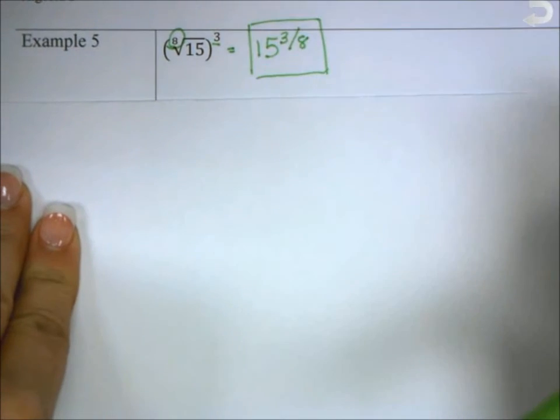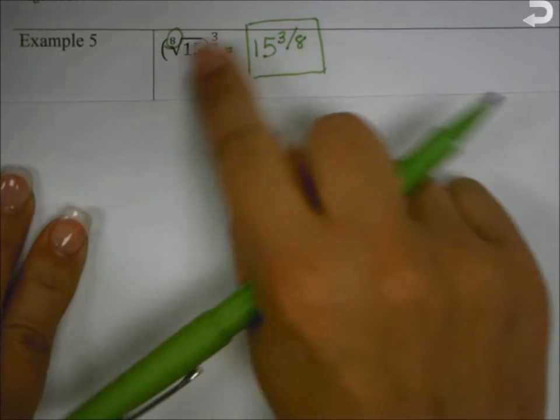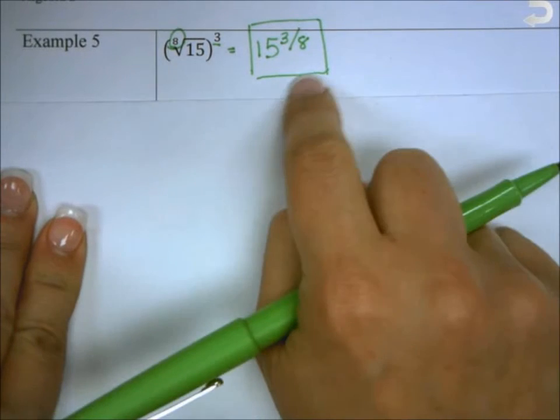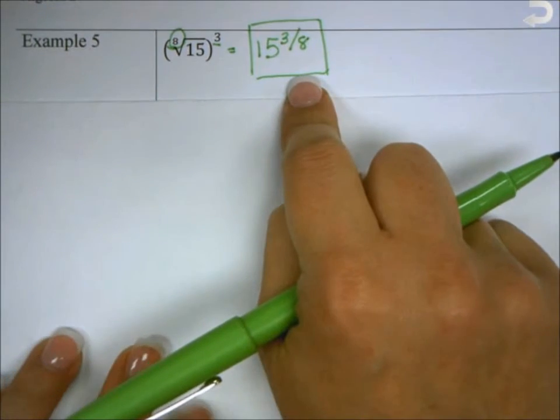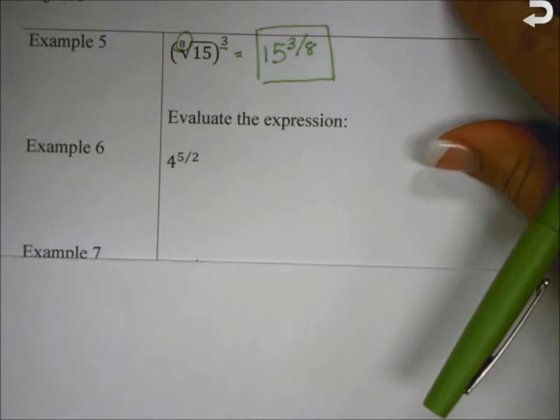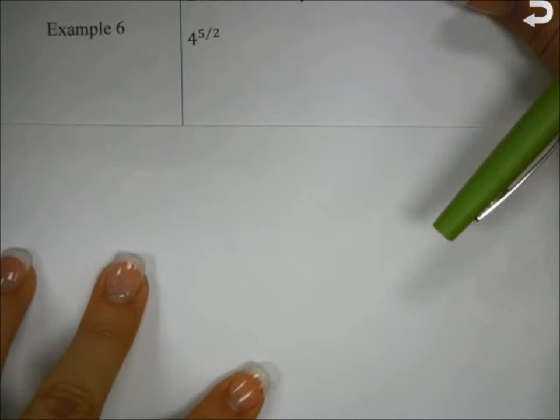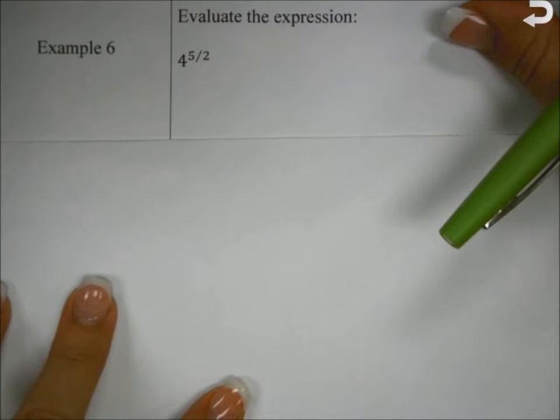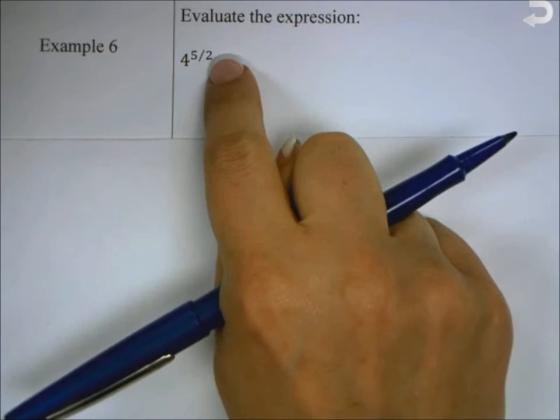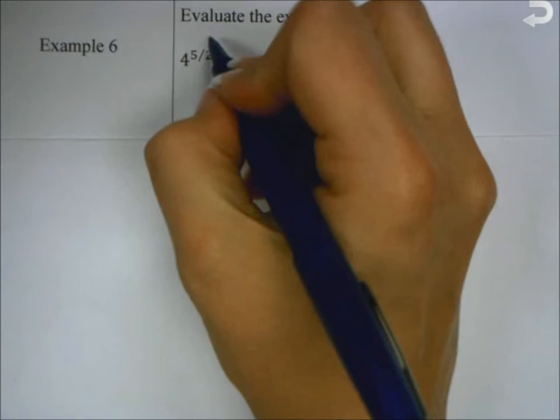So what we have here, now we want to actually simplify all the way and evaluate these guys. So I have, in example 6, 4 to the 5 over 2. So this denominator becomes my index. So this is the same as, since this is a 2, it's a square root of 4. So we actually don't have to write this guy, all of that, to the 5th power.